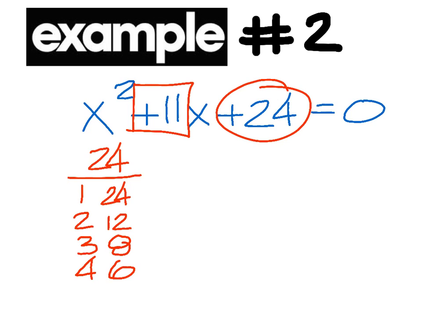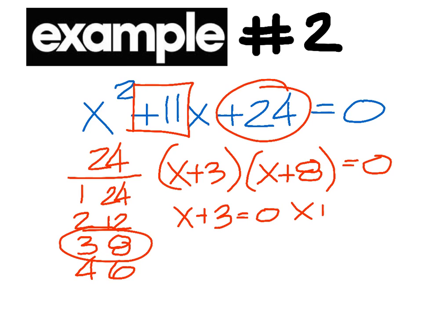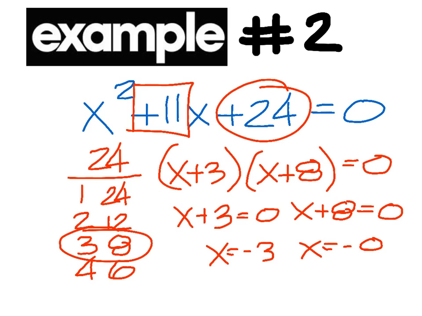Which pair gets 11? 3 and 8. So don't forget you have to do x plus 3, x plus 8, and then set each one equal to 0 and go back and solve. So you would have x equals negative 3, x equals negative 8. So it's just negative 3, negative 8 on your paper.